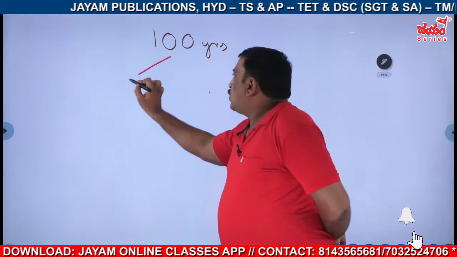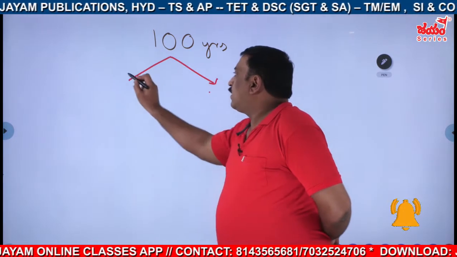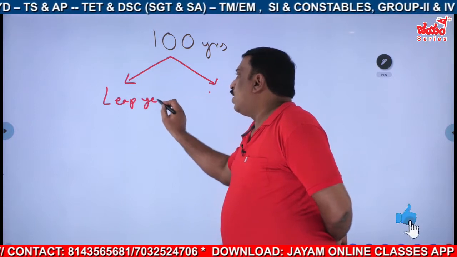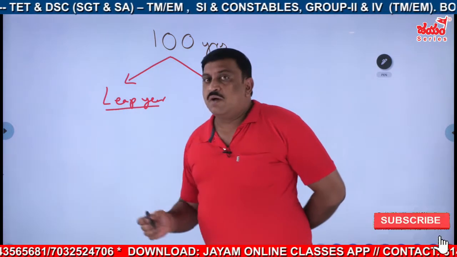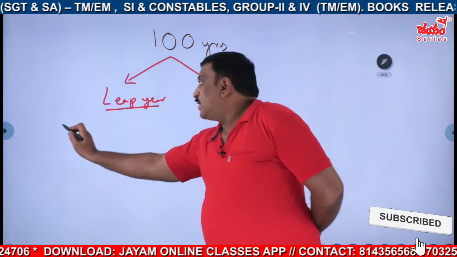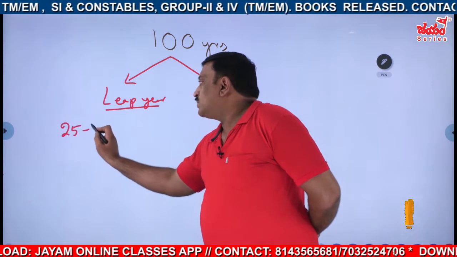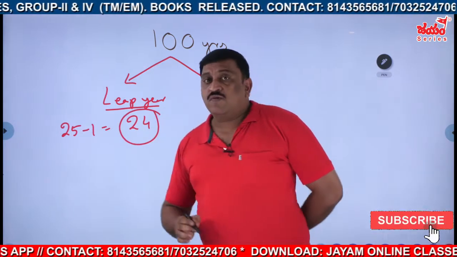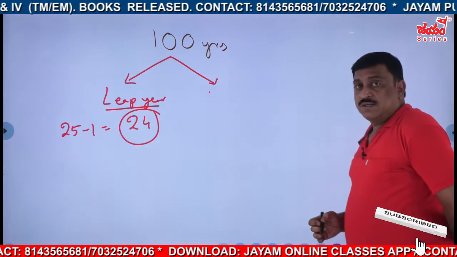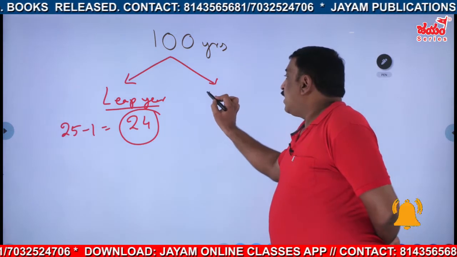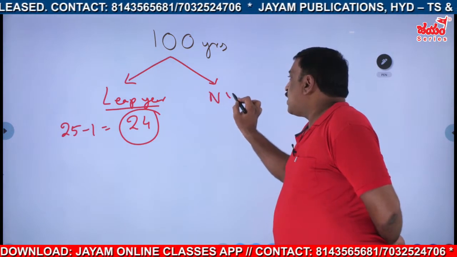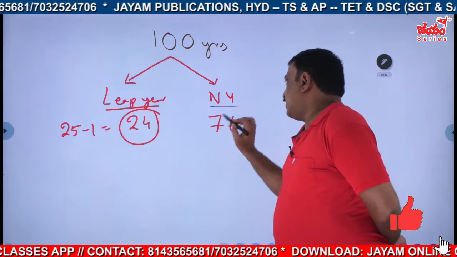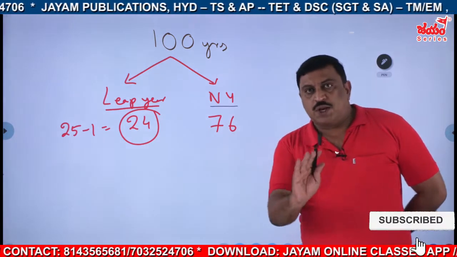So the leap years must have been 25, but one is removed, so now it is 25 minus 1, that is 24 leap years. If 24 leap years are there out of 100 years, the remaining normal years are 76, right? Okay, 76.